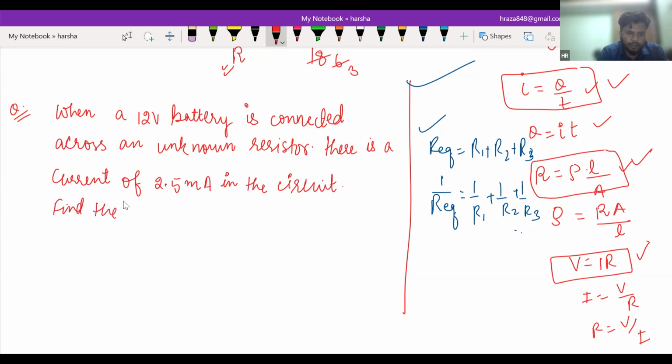Find the value of the resistance of the resistor. So we have given, just focus on what is given and then see what we need to calculate and apply the formula according to the question. You will get your answer. Please do it.